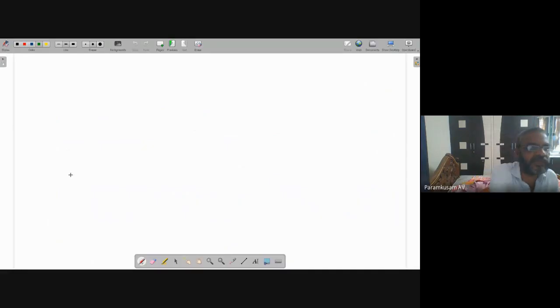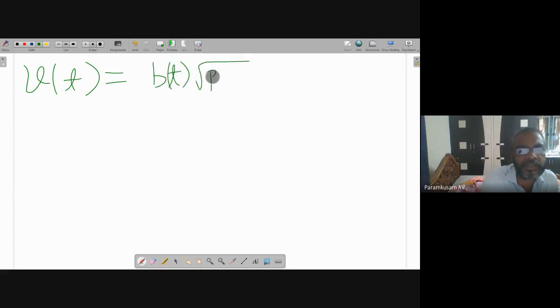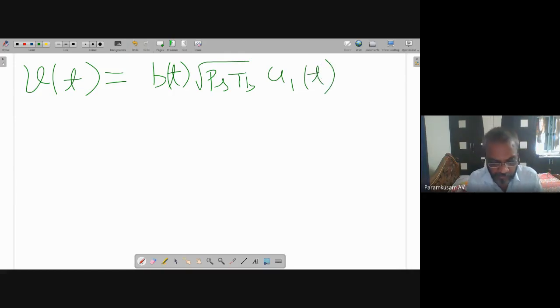Okay. What is V of t here? V of t is equal to B of t into root over PS TB into U1 of t.